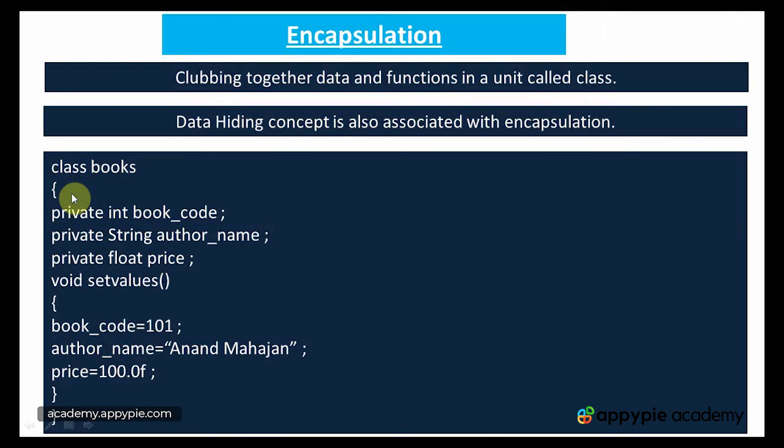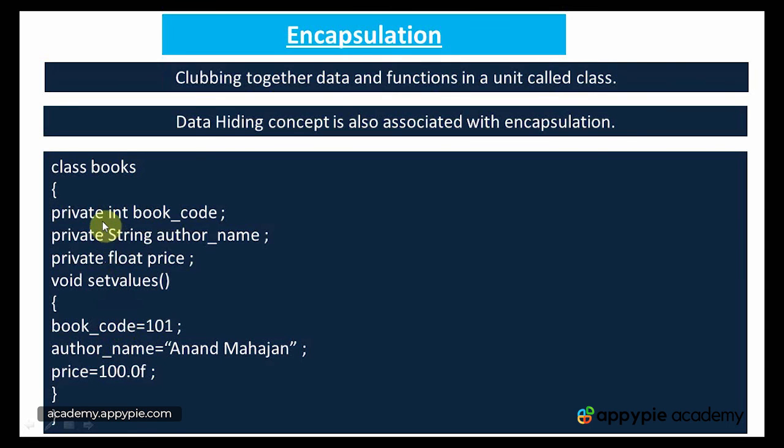Like, this is your class Books, and in this class I have got this member data: book code, author name, and price, int, string, float. These are the data types, and I have got one single method with the name setValues. Now you can see that the setValues method is simply assigning the values.